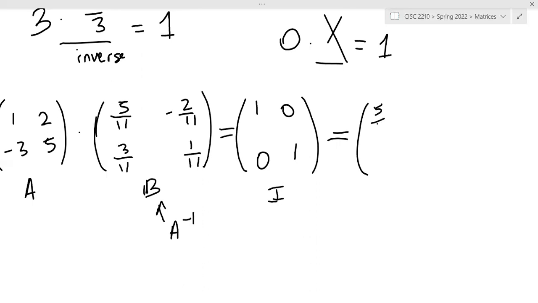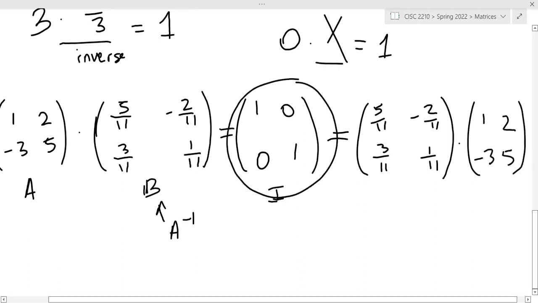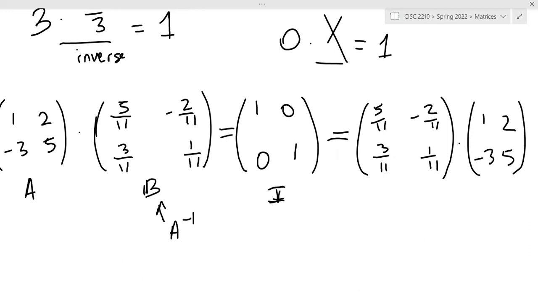So 5/11, negative 2/11, 3/11, and 1/11 multiplied by 1, 2, negative 3, 5 is also equal to the identity matrix. That's why B is the inverse of A: A times B is equal to the identity, and B times A is equal to the identity.